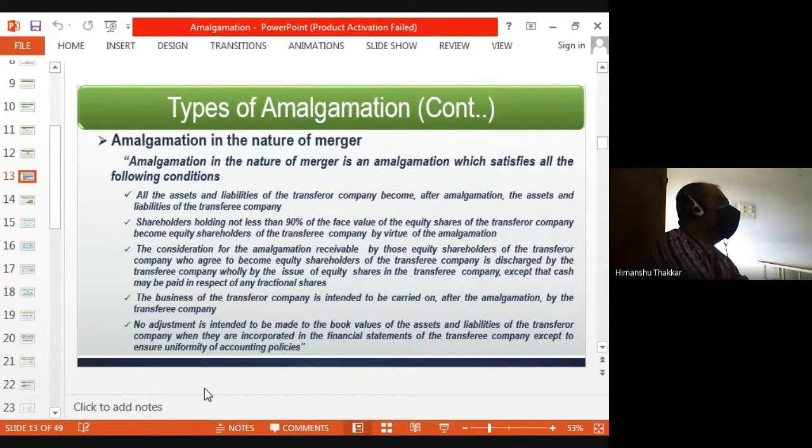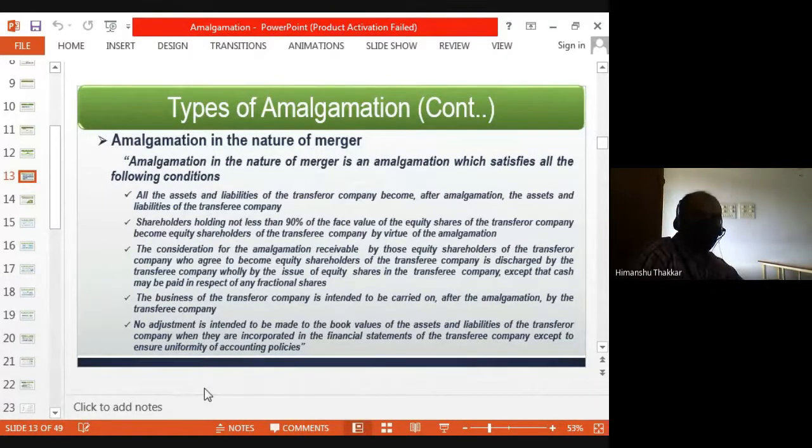Once they buy the company, they close it down. They don't want competition. But if they do that, it is not a merger, it is a purchase. So as per merger conditions, when you absorb a company, you should make sure that the company which was there earlier continues its business activities.